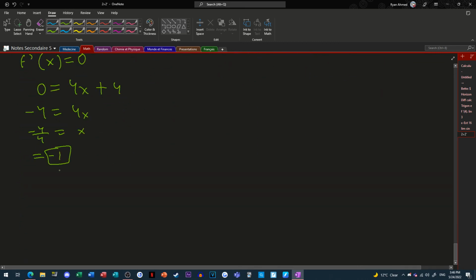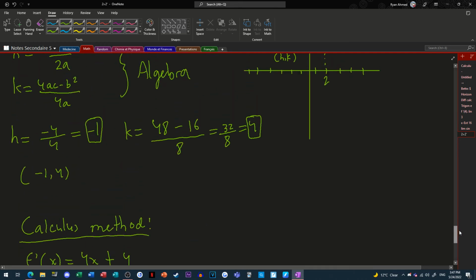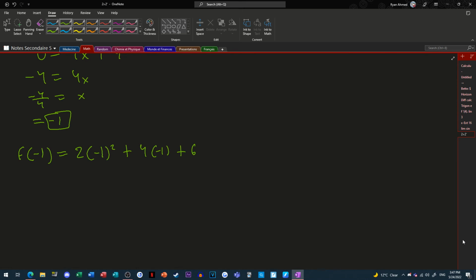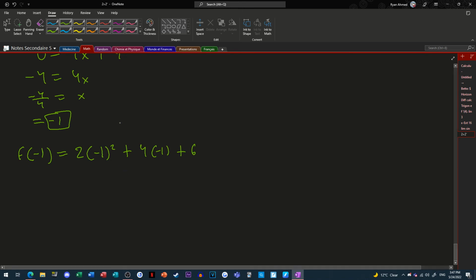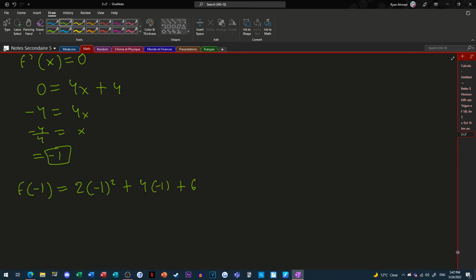And let's say you were only using the calculus method to find the vertex. Next, you would just insert it into your original function. So that would be 2 times minus 1 squared plus 4 times minus 1 plus 6. Remember, I'm using the original function now to find the k value by inserting minus 1, this x value that I found of the vertex.